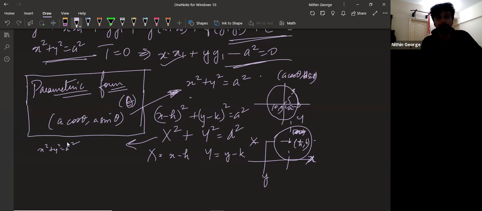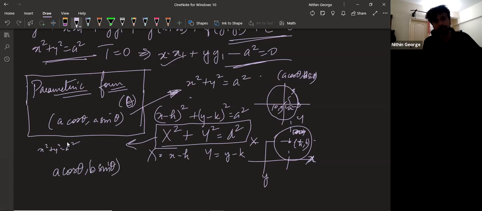So once I shift the origin to h comma k, I get the equation in this form, capital X square plus capital Y square equal to a square. And inside this, the circle will have any point of the form a cos theta, a sin theta. Yes or no?